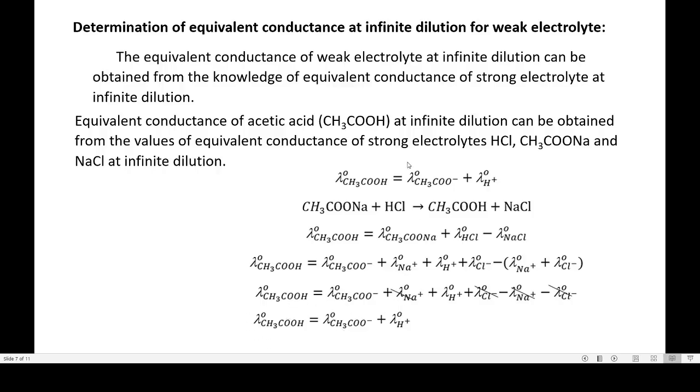So by knowing the values for strong electrolytes, we can calculate the equivalent conductance of weak electrolyte at infinite dilution. It is also called limiting equivalent conductance.